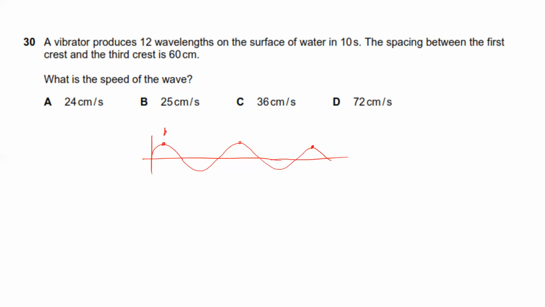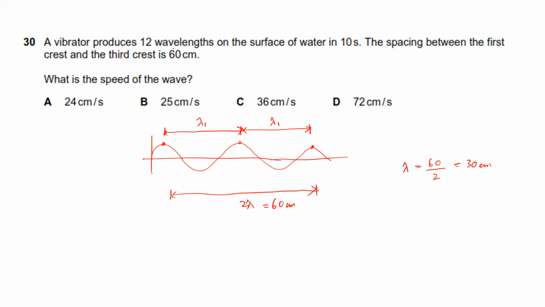So technically this is 1 lambda, this is another lambda. So the overall distance is 2 lambda, and 2 lambda is 60 centimeters. So lambda is 60 divided by 2, 30 centimeters.